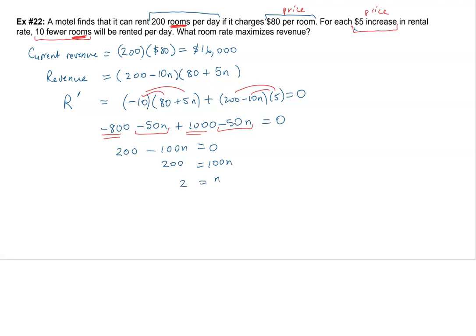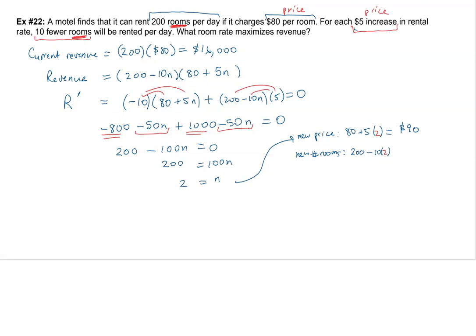And again, that's not the final answer. That is the number of times we want to increase the price by $5. So let's see here. The new price will be 80 plus 5 times that 2. So that's 80 plus 10, which would be 90. So we're going to charge $90 a room. The new number of rooms is the original 200 minus 10 times that same change of 2.